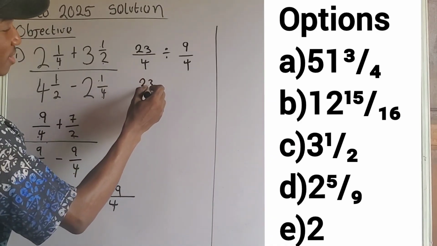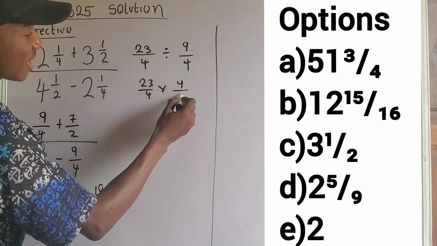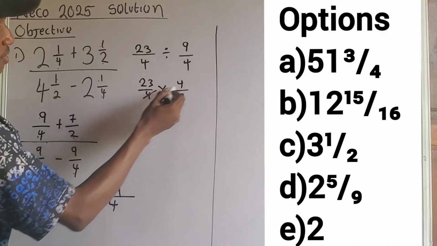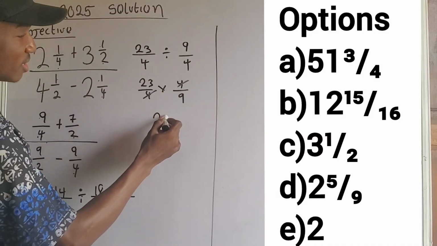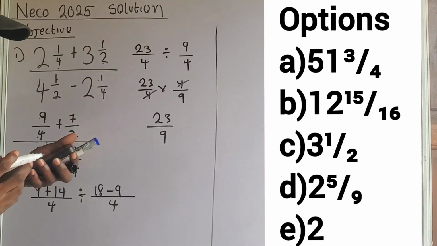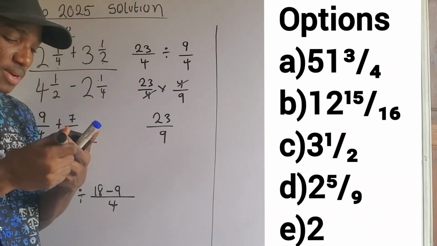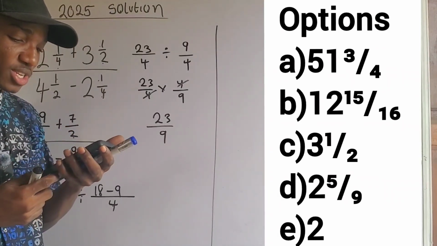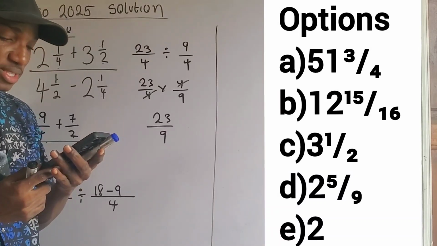Okay, 23 all over 4 multiplied by 4 over 9, right? So this 4 will divide this 4. The left is what? 23 all over 9. So 23 divided by 9 will give you 2 whole number 5 over 9. That is the answer. The first option here, they gave us 51 whole number 3 over 4. The second option is 12 whole number 15 over 16.